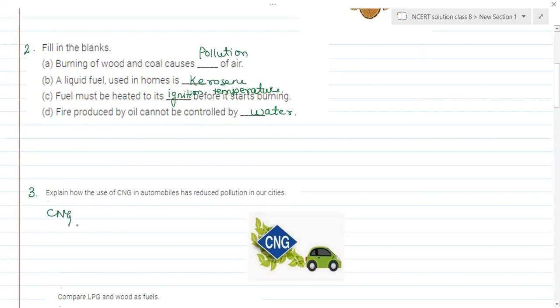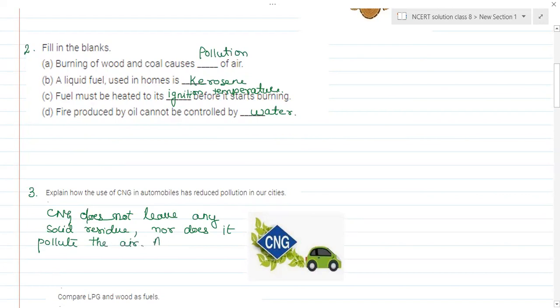CNG does not leave any solid residue, nor does it pollute the air, as CNG produces smokeless flame.